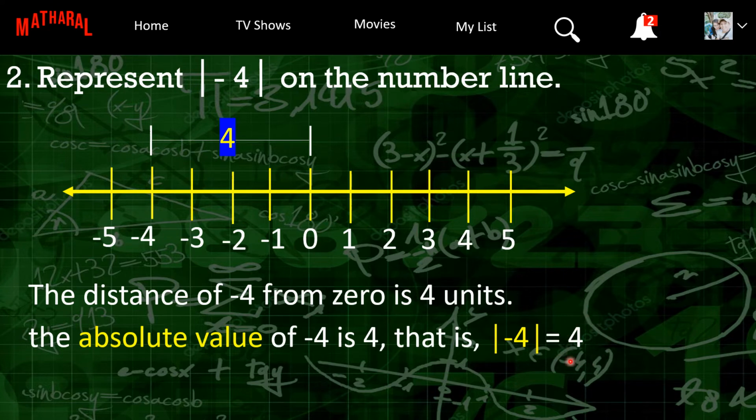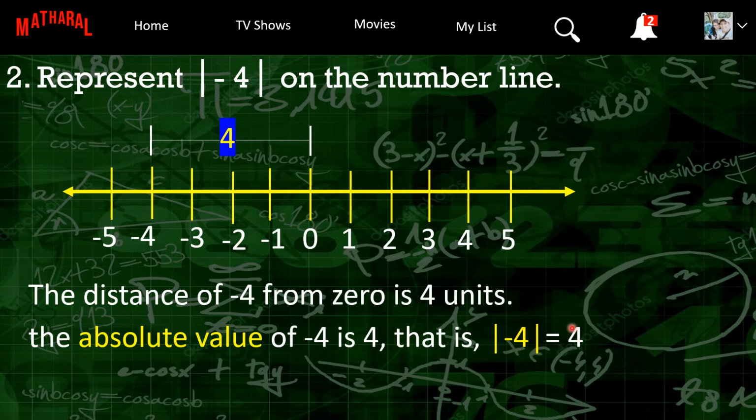So, what conclusions can we make? The conclusion we can make for the first two examples is that every integer inside the absolute value, once you take it out, is the number itself with a positive sign. So, take note on this one. Negative 4, inside the absolute value, nasa loob po siya.